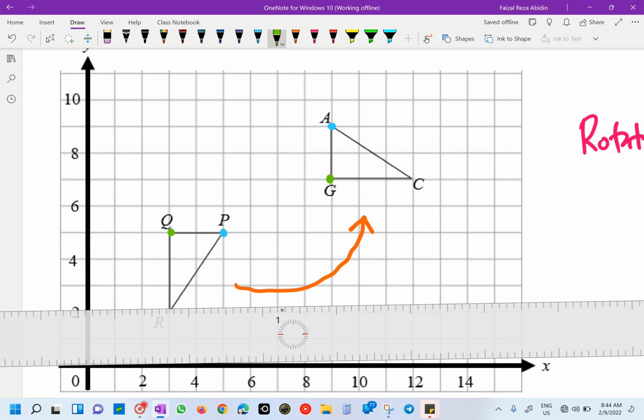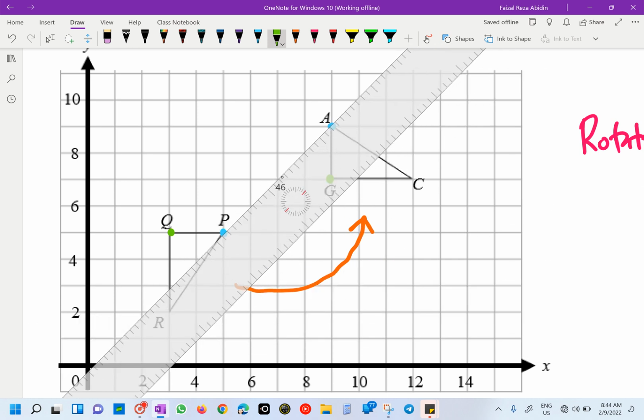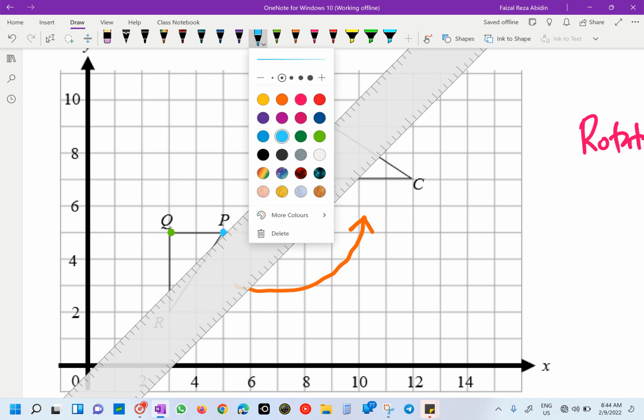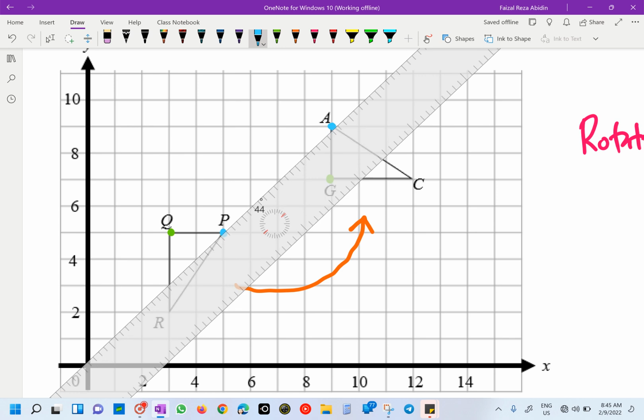So I'm going to find my 1 point first. I'm going to do my AP here first, by using your ruler and your pencil. Let's do this together. I'm going to join the 2 points here.